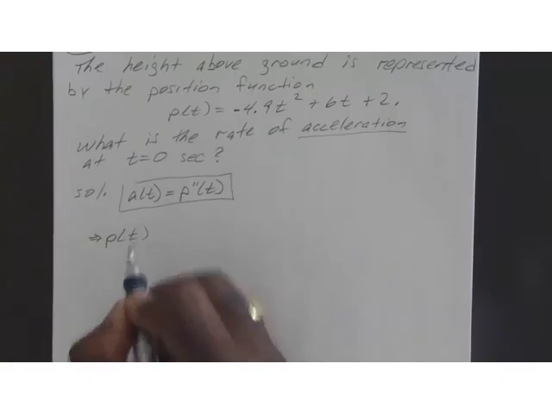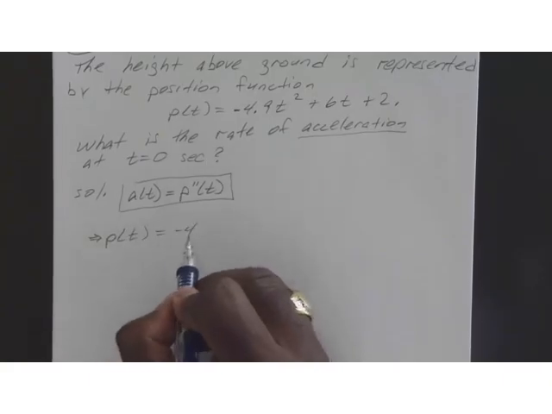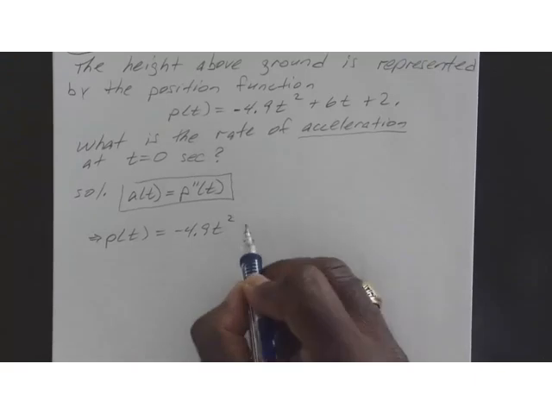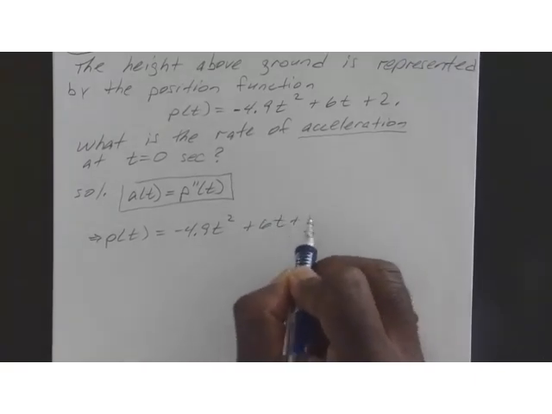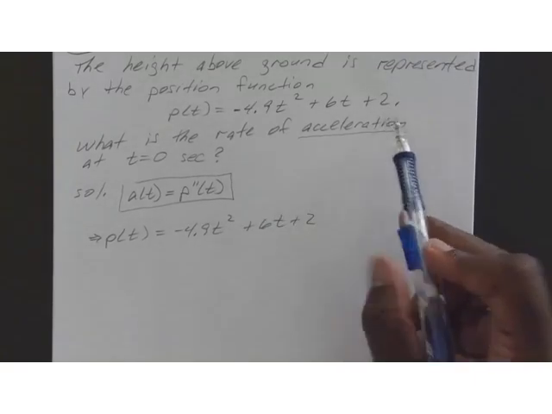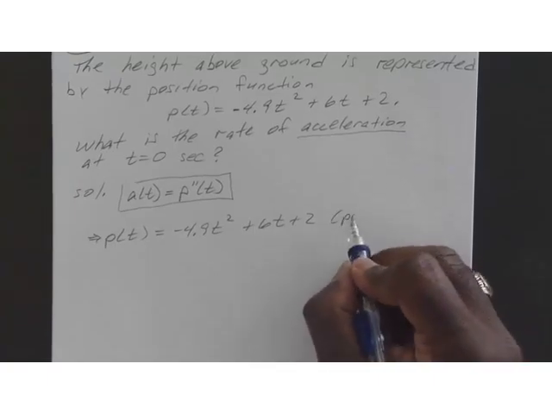So we know that P of t is equal to negative 4.9 t squared plus 6t plus 2. That's just your position function.